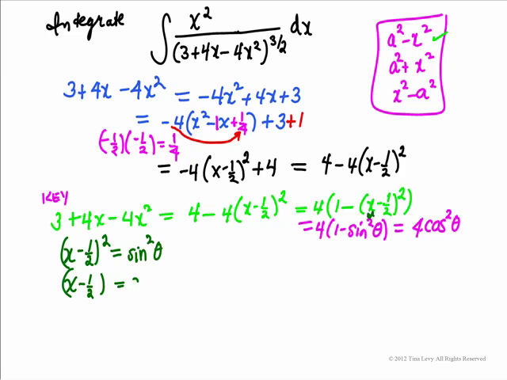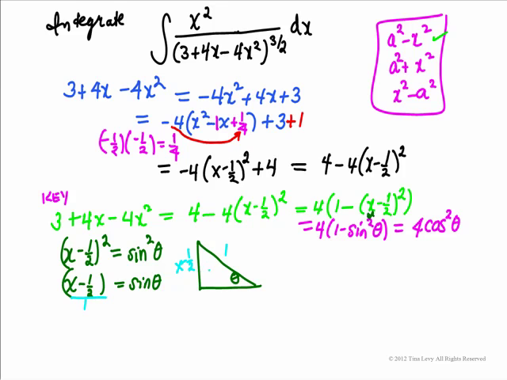And once we have that, we right away can do the triangle. So putting the triangle, here's theta. The opposite side is x minus a half, over hypotenuse 1.